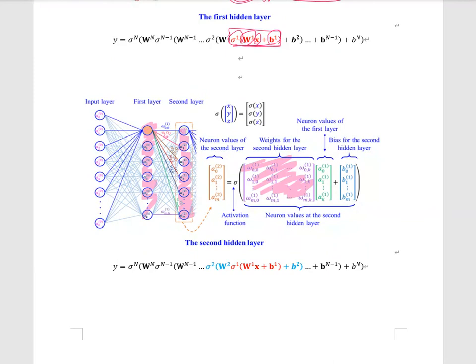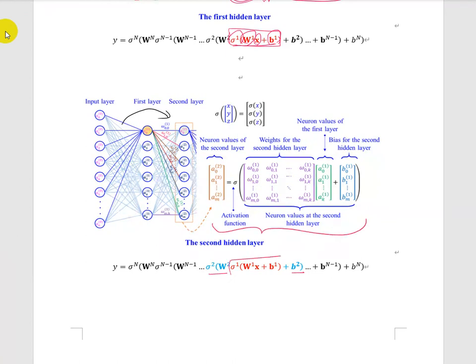Now you move from here to over here, and you're looking at the second hidden layer and what's going on over there. There also I expressed them in neural network based functions. Here, the blue part also represents the matrices.